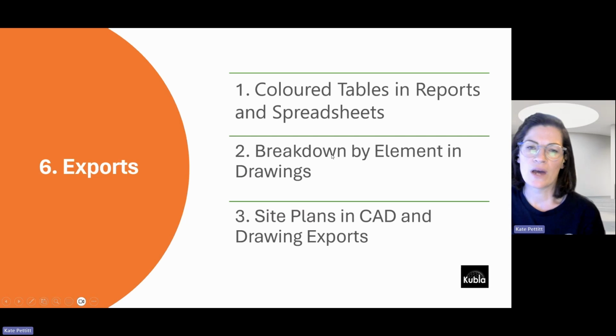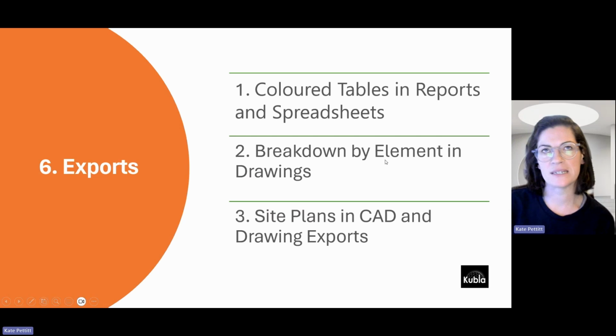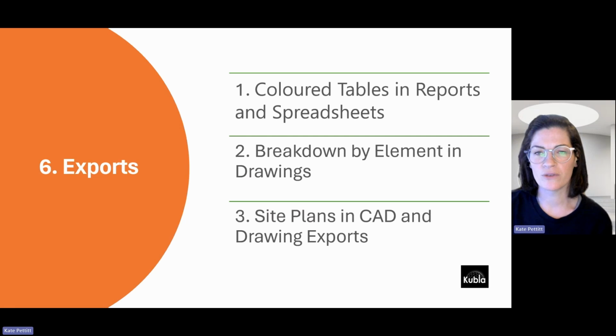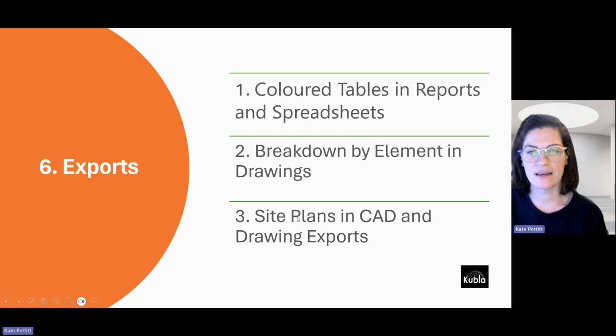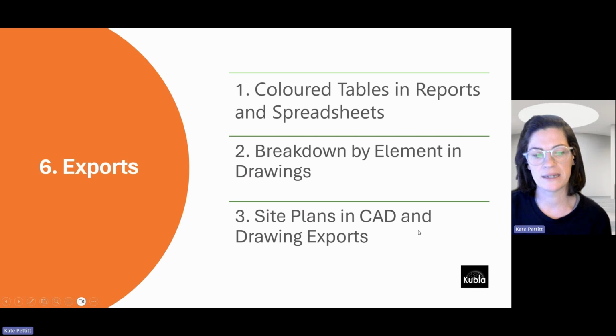And then we also have the breakdown by element. So instead of just the total volume, it's broken down into elements in your drawings. And also with site plans, they can now be seen in the CAD and drawing exports, meaning that you've got all the information in one place.